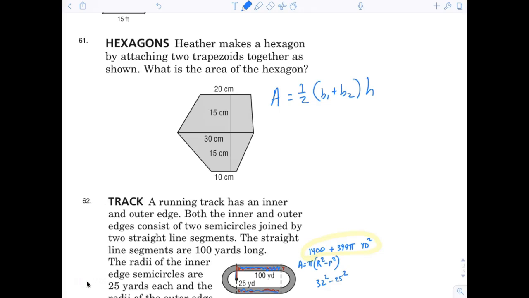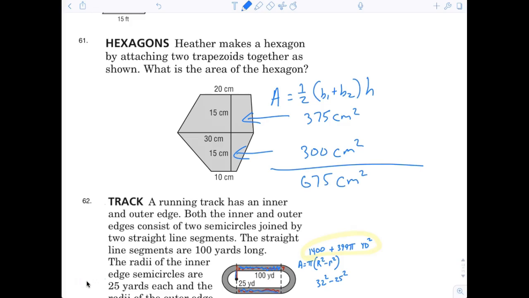So what's the area of the top trapezoid? 375. And then what's the area of the bottom one, please? 300. So the total area is 675 centimeters square.